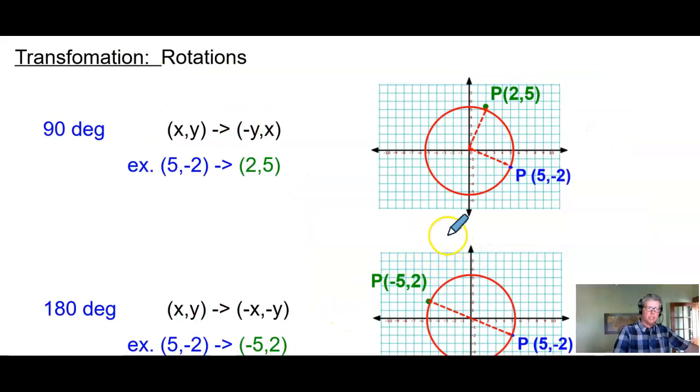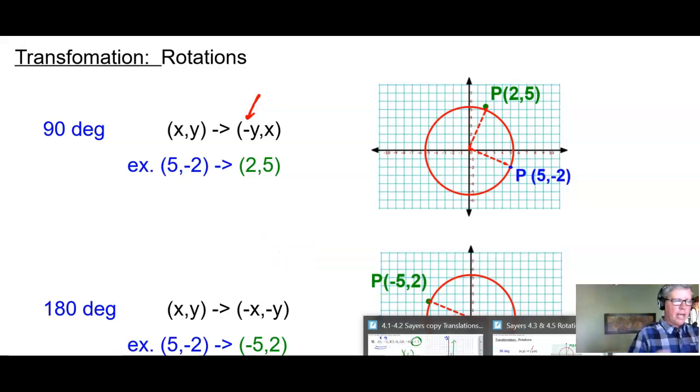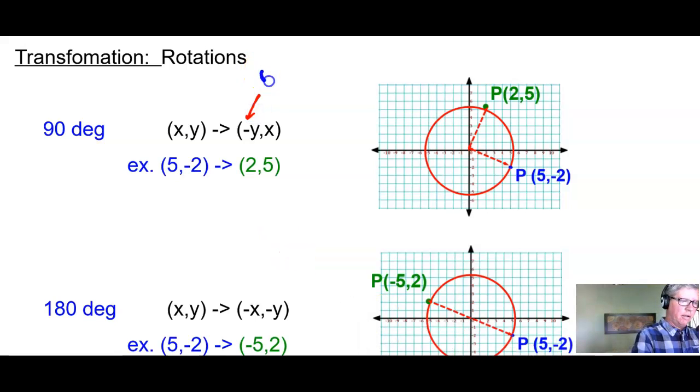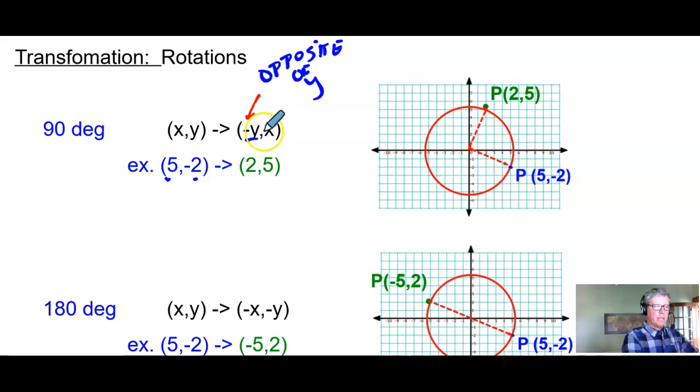I also have nice pictures of the rotations. I'm going to really push right here that you don't read that as -x. Read that as the opposite of y. Opposite. All right. Why do I say that? Well, if we have the point 5, -2, and we want to rotate that 90 degrees, what we do to get the first value is we want to tell ourselves, get the opposite of whatever the y value is.